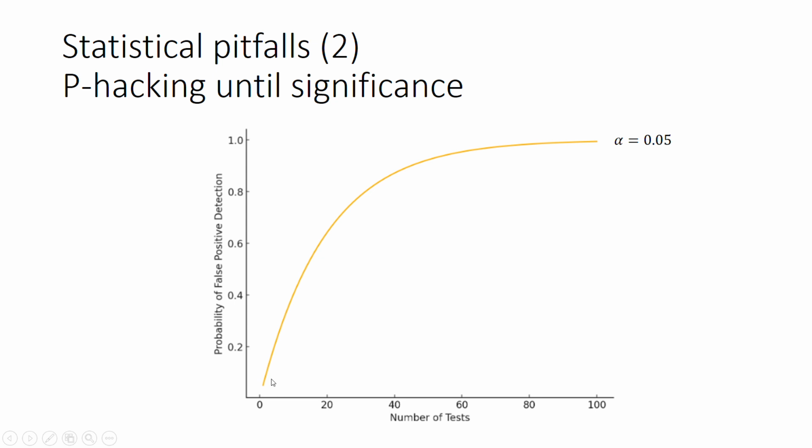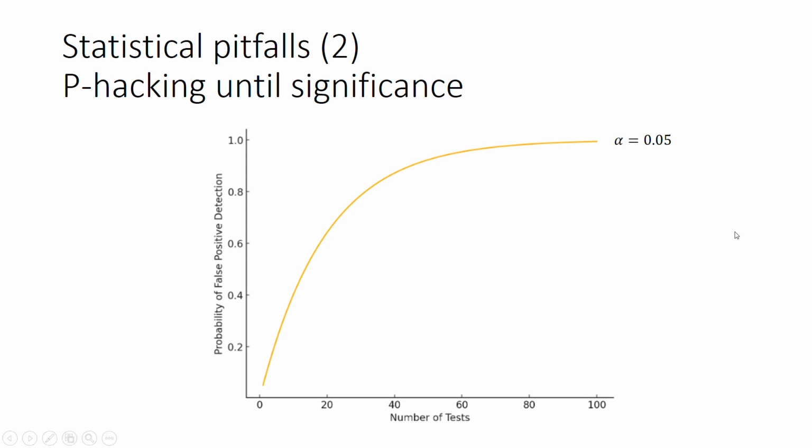So if you do just one test, it is 5%. If you do two, then it is 5% in the first test and 5% in the second test. And if you have 100 tests, let's say the null hypothesis is true, but because you have tested it in 100 different ways, the probability of not rejecting the null hypothesis in all of these 100 tests is very low.